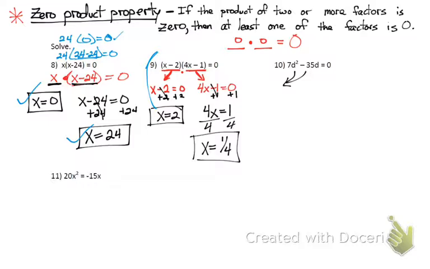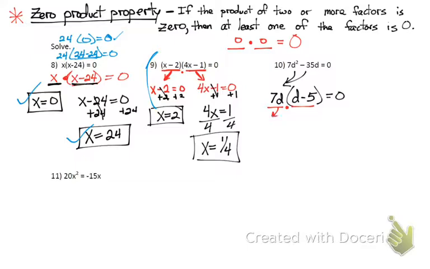So again, I'm really just going to undistribute here. These two pieces have a 7 in common and a d in common, which will leave me with d minus 5 equals 0. So now you have created a multiplication problem. You have something times something else.